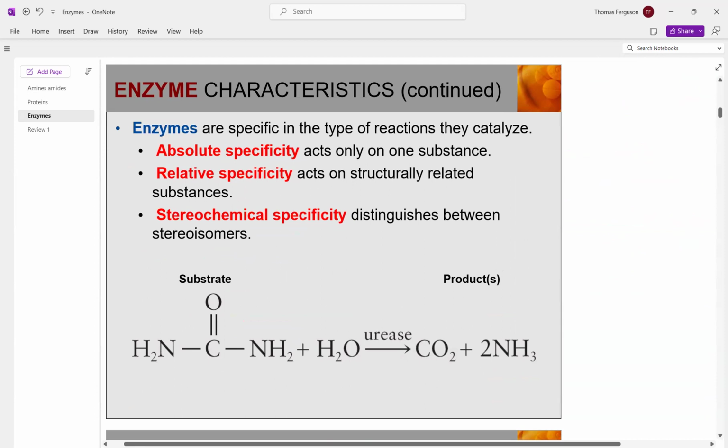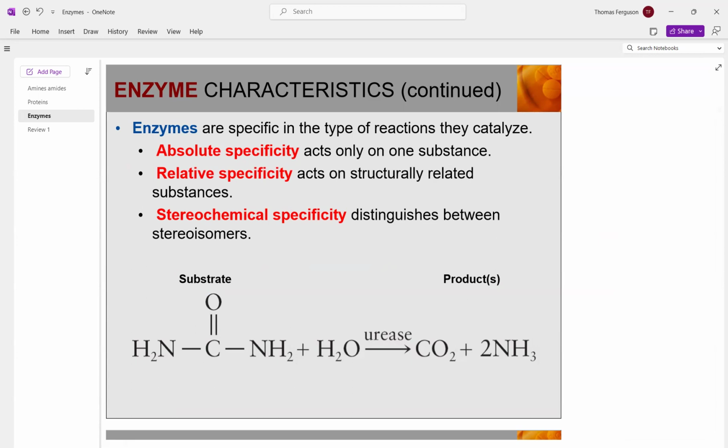Because enzymes are proteins, and as you know from last time, proteins are very complicatedly folded. And part of that folding, there's a part of the enzyme, or part of the protein, called the active site. And that active site is where all the magic happens with the enzyme.